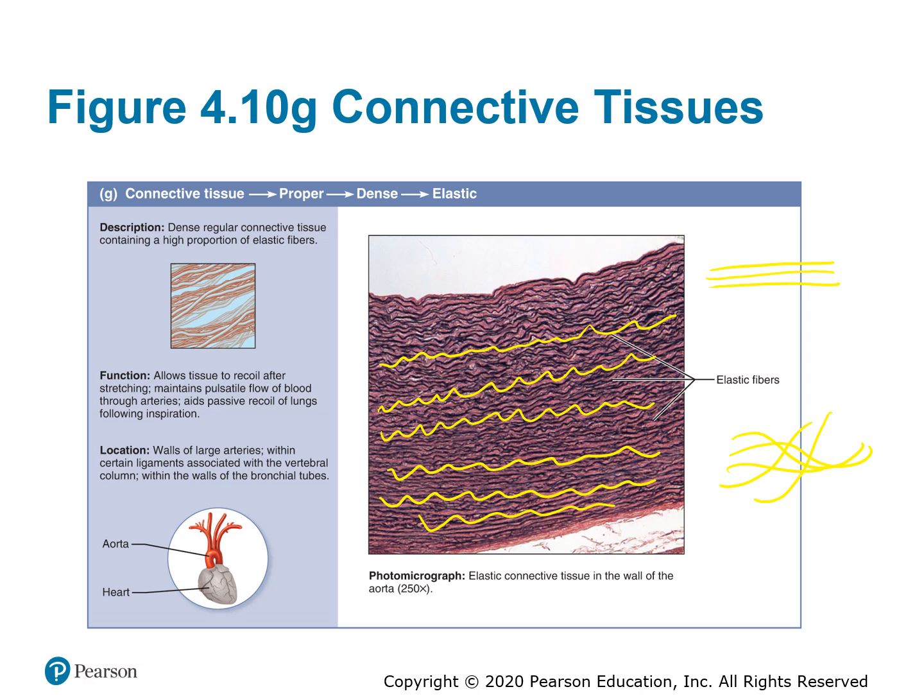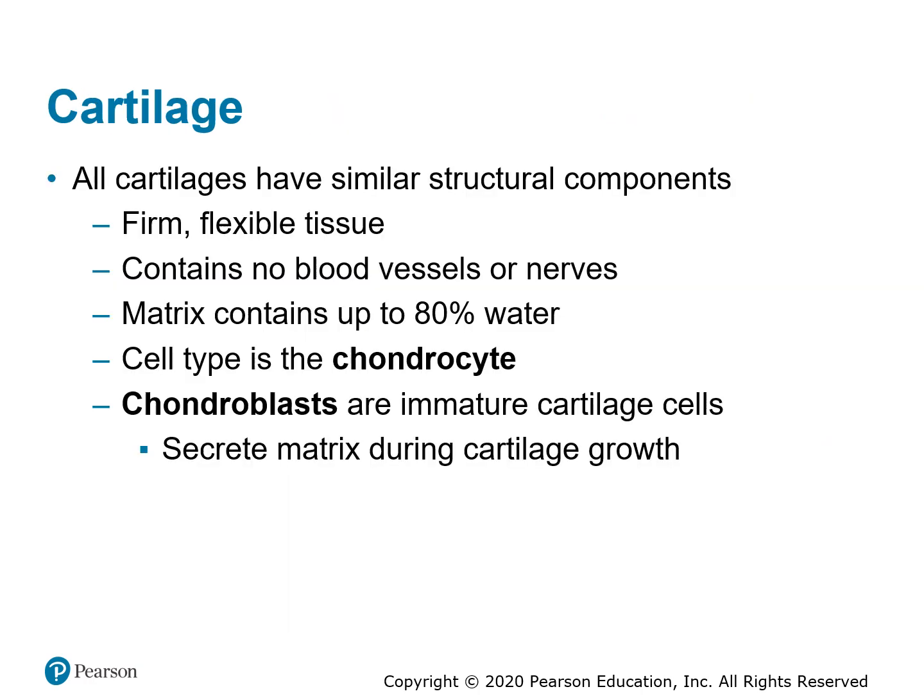Now we're going to move into some of the specialized connective tissues, the first of which is cartilage. All cartilages have similar structural components. There are 3 types of cartilage: hyaline cartilage, elastic cartilage, and fibrocartilage.